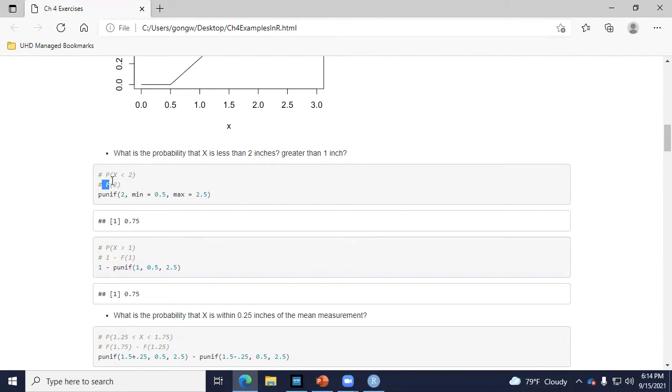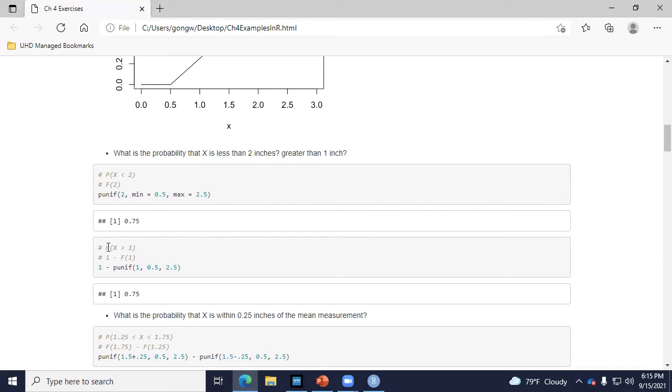Yeah, because the one that we were supposed to do last time was also for X less than, right? The normal distribution and stuff. Yes, so anything with this p in front of any of the distribution names will give you the CDF corresponding to the distribution.